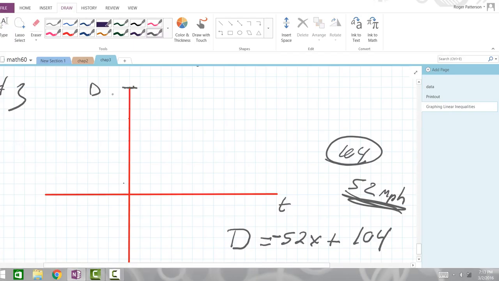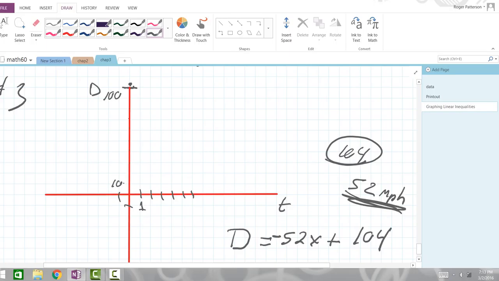That's going to put me right at 100 right there. And then I can go by ones here because I think that's best. So what's the y-intercept? 104. So I'm just a hair right above that.